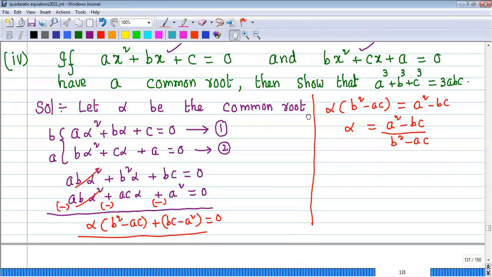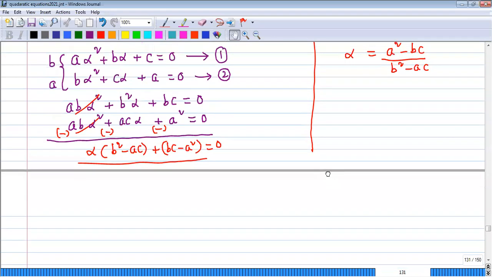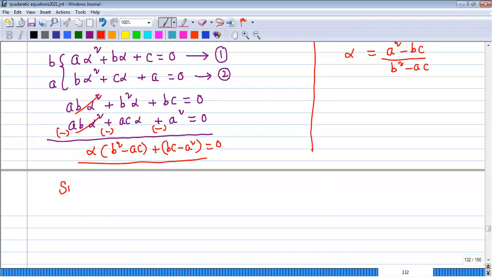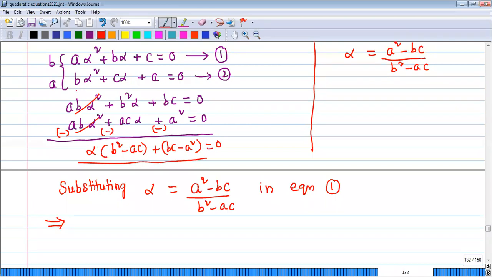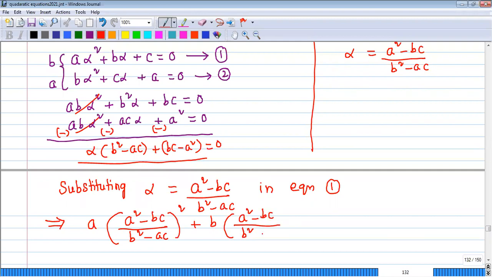Substituting alpha equals to a square minus bc upon b square minus ac in equation 1, what do you get now here? a alpha square: a times a square minus bc upon b square minus ac whole square, plus b times a square minus bc upon b square minus ac, plus c equals to 0.